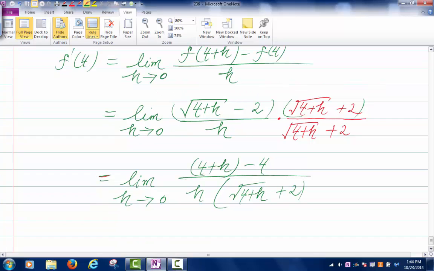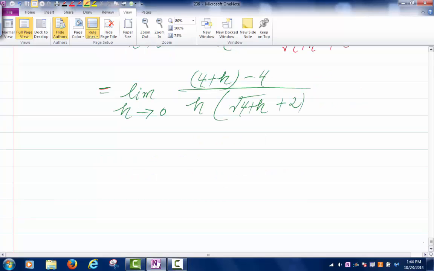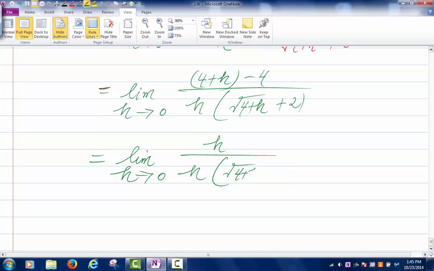Do not multiply out the denominators, and what you're going to get is that this is the limit as h goes to 0, h divided by h times root of 4 plus h plus 2.